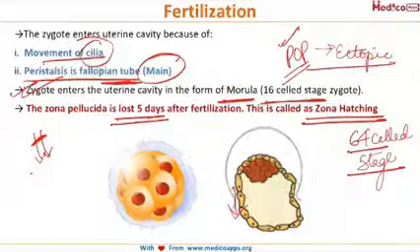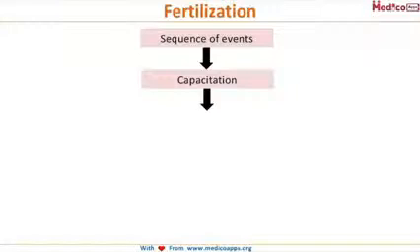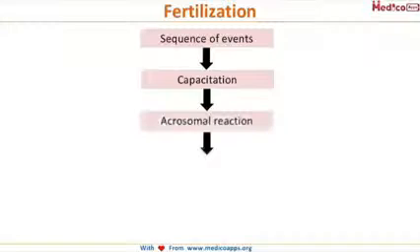Now if we sum up the sequence of events that occur in fertilization. First, capacitation occurs. The sperms now become capable of fertilizing the ova. They go and attach to the zona pellucida, and it causes the release of enzymes from the acrosome of the sperm, which is called acrosomal reaction.